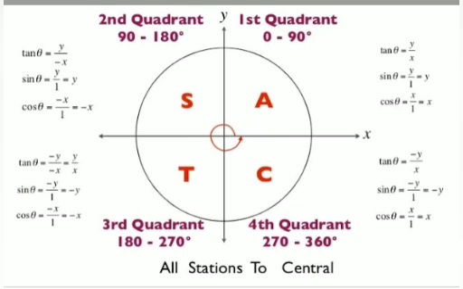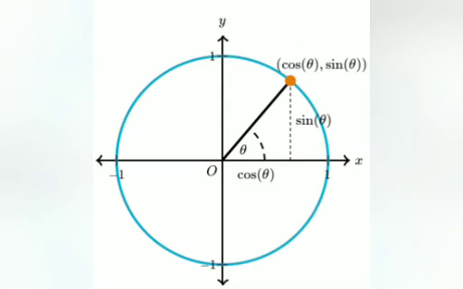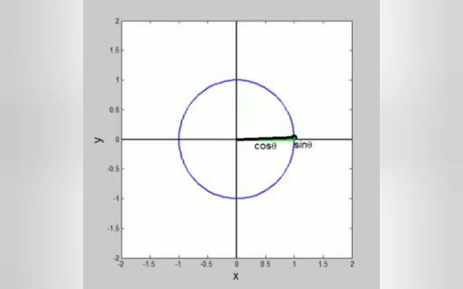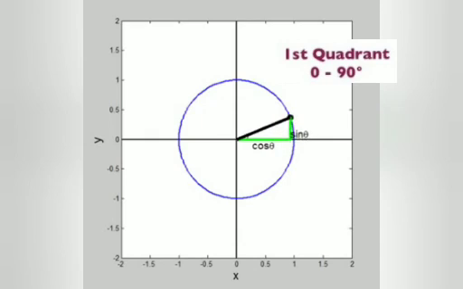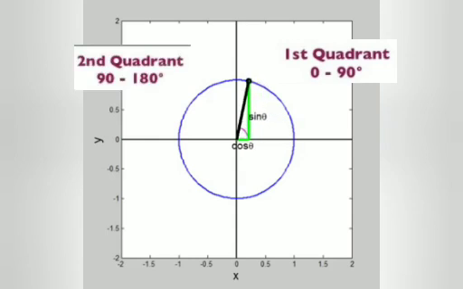Okay. Now we find how sine and cosine functions change in these 4 quadrants. In this right angled triangle, the base represents cosine function and the perpendicular represents sine function. As we move from 0 to 90 degrees in quadrant first, the sine function increases and the cosine function decreases.